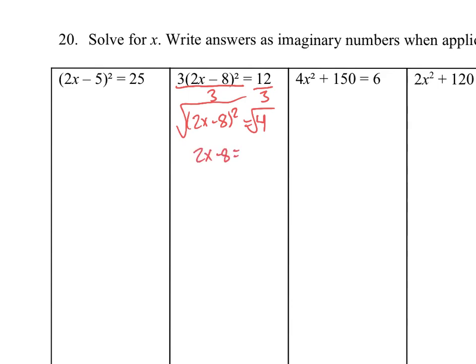The one thing everyone will probably forget is plus or minus. Oops, do not forget plus or minus. Then it turns into the same stuff: we add 8 to both sides. Remember, this goes in front. So I have 2x equals 8 plus or minus 2. Then I can divide by 2.